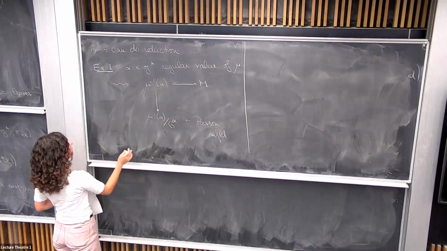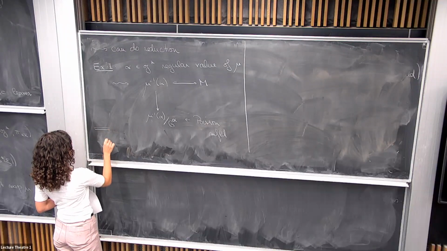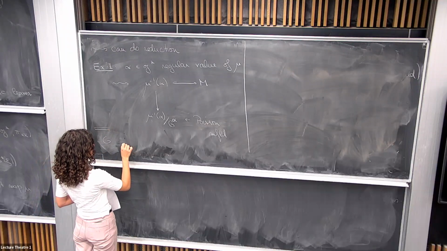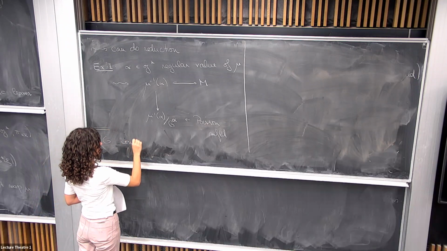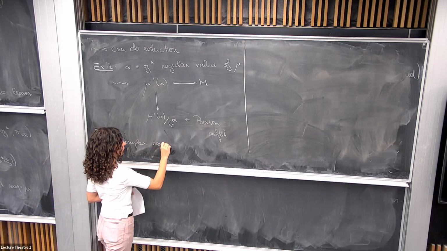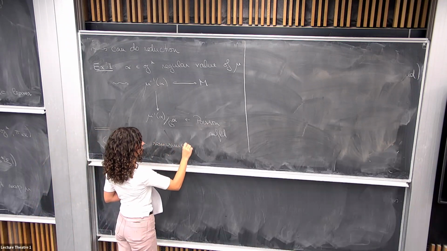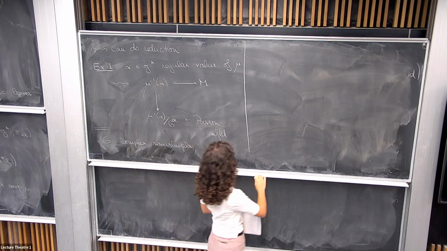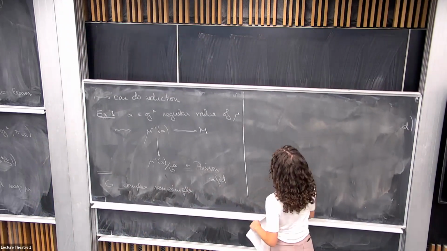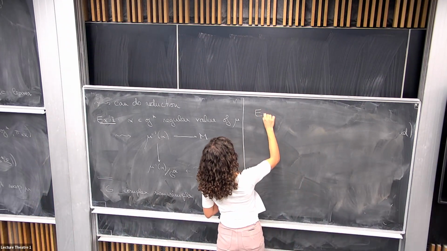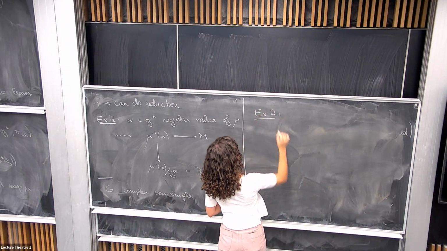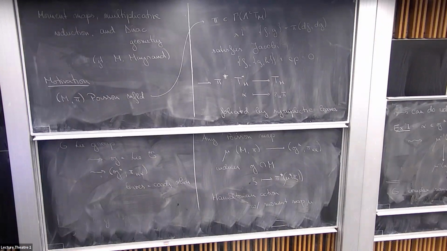So for my remaining examples, I'll restrict to the case where G is a complex semi-simple group. You said that in this example you need that G is semi-simple.